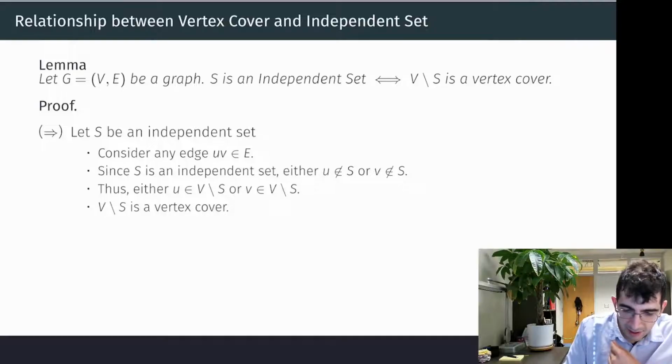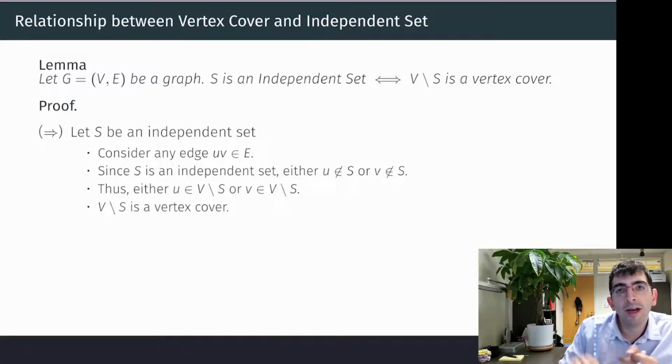So how do we prove that? Well, let S be the independent set. For any edge that is coming out of that set, one of its endpoints is not part of the independent set. All right?